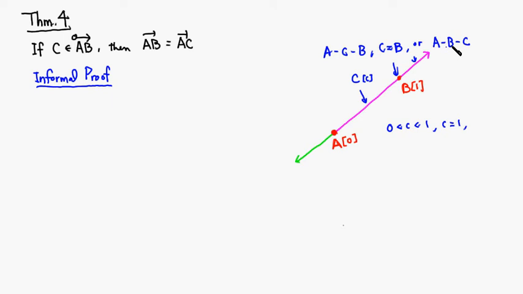Or if B is between A and C, then c is larger than the coordinate of B, which is 1. If you combine all three, we know that c is just some positive number.